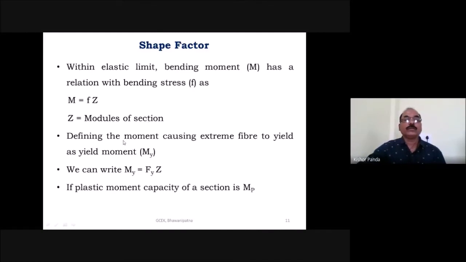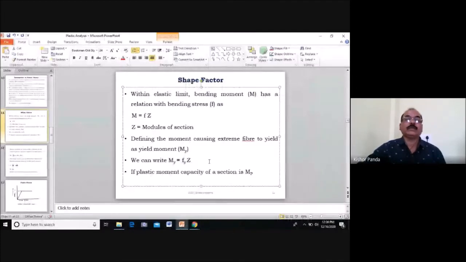Defining the moment causing extreme fiber to yield as yield moment: when the extreme fiber is yielded, that is called the yielding moment, My. We can write the yielding moment is equal to the yield stress Fy into the section modulus.